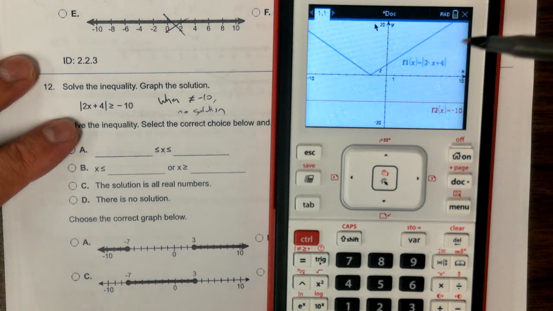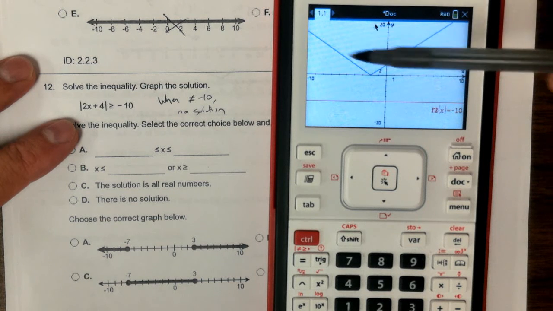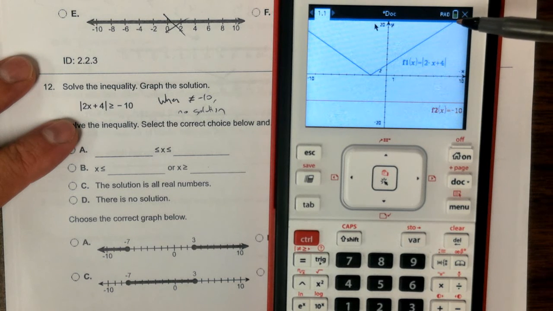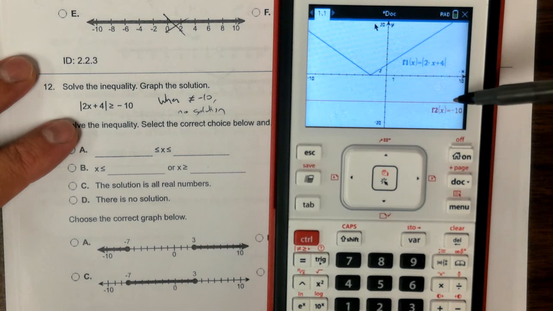So think to yourself, what was the domain of the original? The domain would be all real numbers, and the domain on this one is all real numbers.